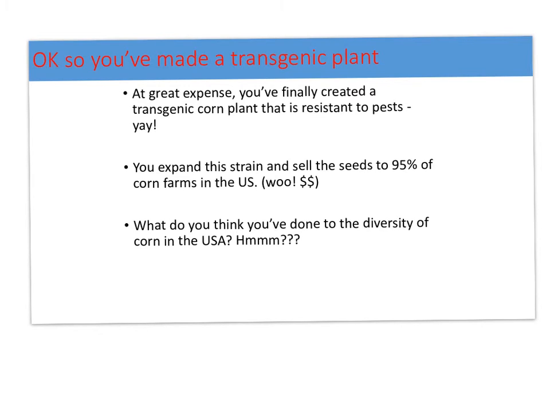The company that made it can obviously charge lots of money for it because farmers won't have to use insecticide anymore. And then you grow it. And it's basically a clone of one type that has this new feature of being resistant to insect pests, right? When you have a clone, that means there's no genetic diversity whatsoever.